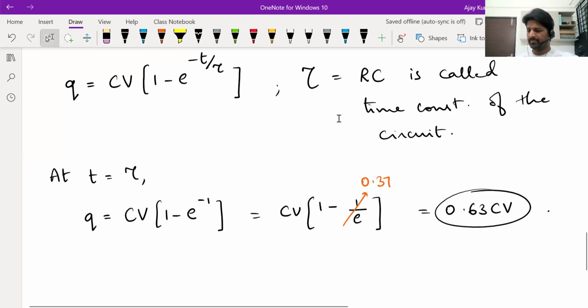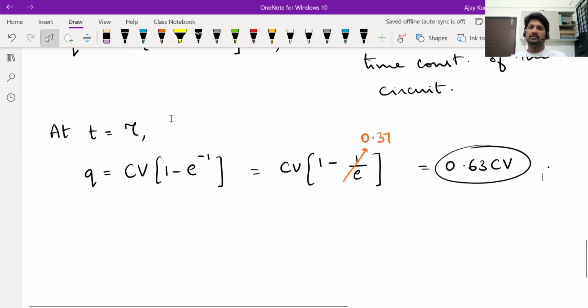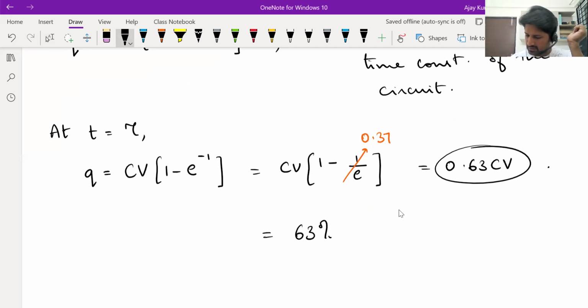Listen, CV is the final charge that you'll see on the capacitor. That's the full charge. Now, by the time of one time constant, the charge that would have accumulated on the capacitor is only 0.63 times CV. So you can say that is equal to 63% of full charge.